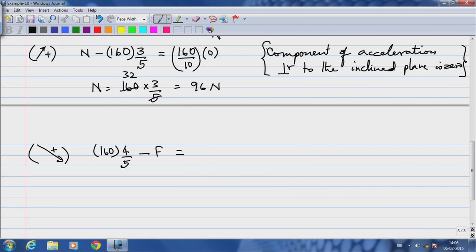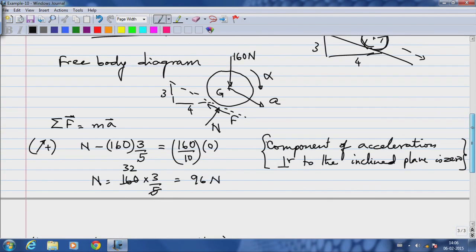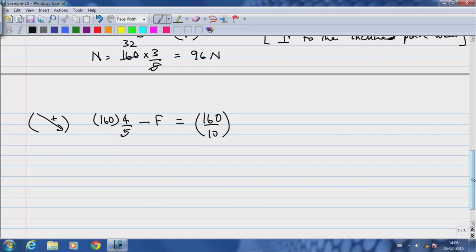So, this is equal to the mass, like I said earlier on, I am going to assume g is 10 meters per second squared, times the acceleration. Okay, so, let us simplify this.